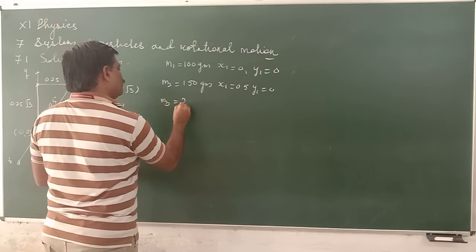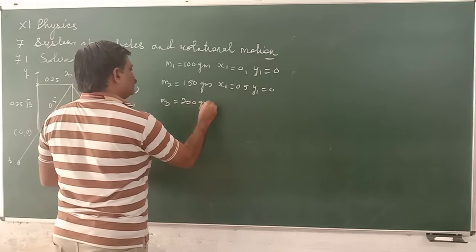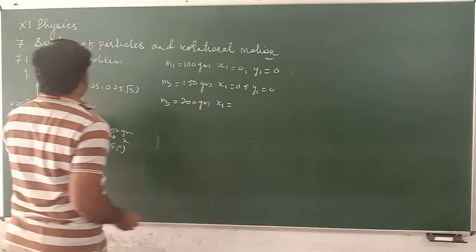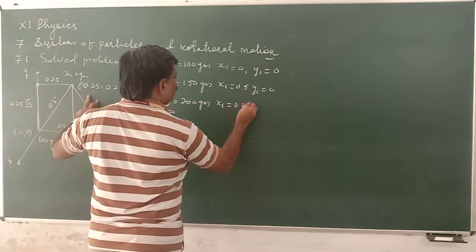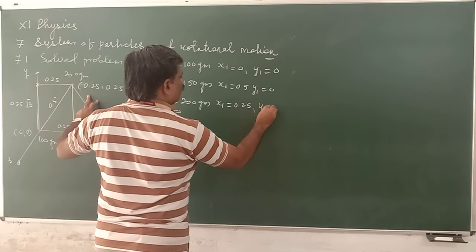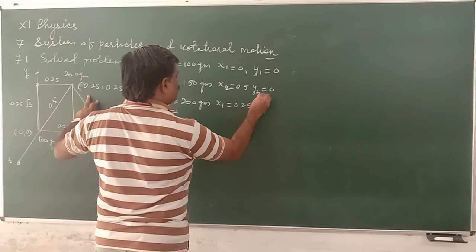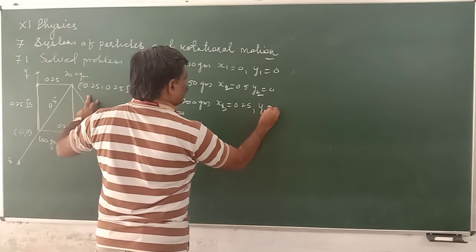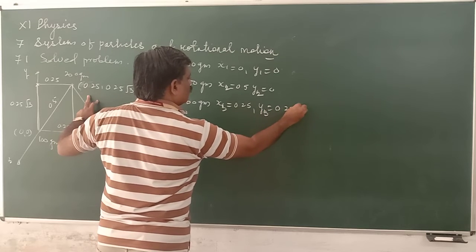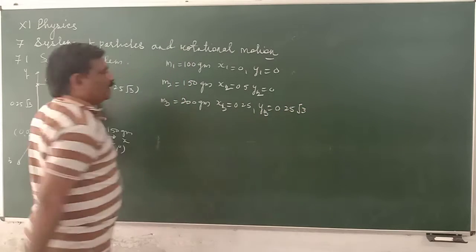M3 is equal to 200 gram, X3 is equal to 0.25, Y3 is 0.25 under root 3.